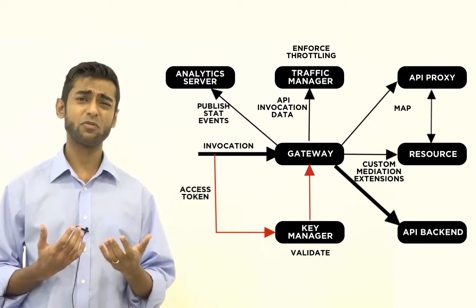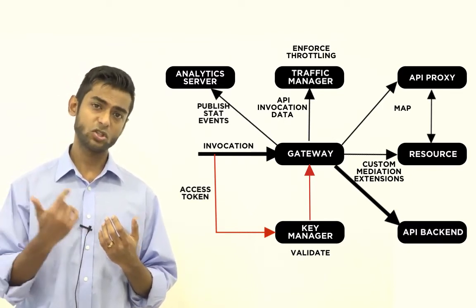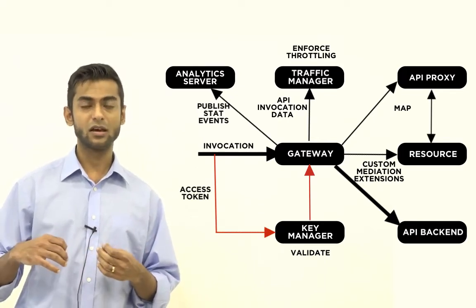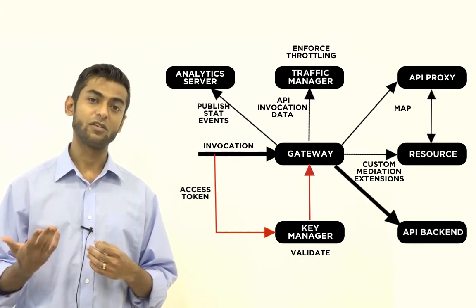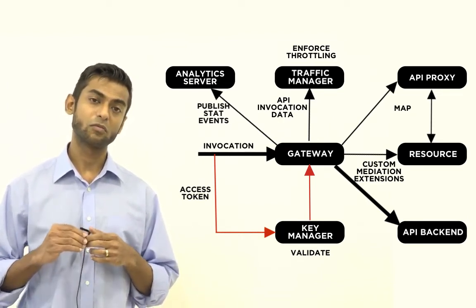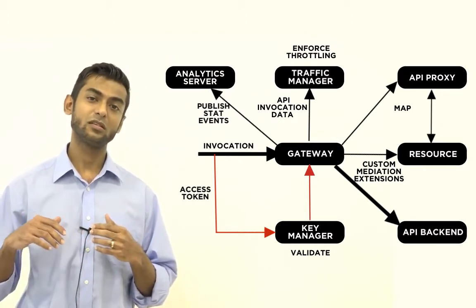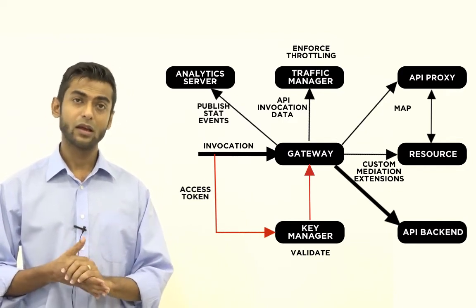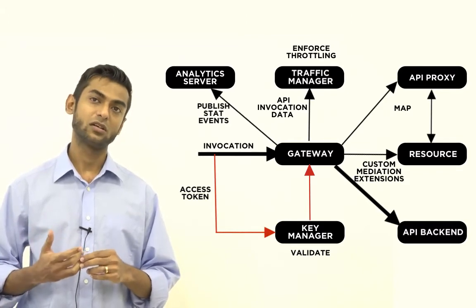As I mentioned before, the key manager is responsible for checking the access token that is sent in the API invocation against the data that is in the database to see if it is valid, and then it will respond to the gateway. Once the gateway receives this validation information, it can actually cache this information.